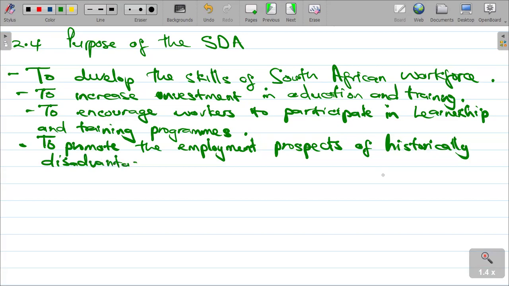We call them designated groups, talking about the blacks, the coloreds, the Indians, right? And also it wanted to ensure quality education that is globally competitive.